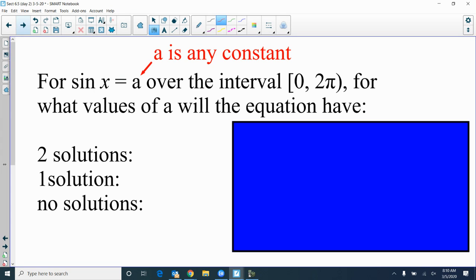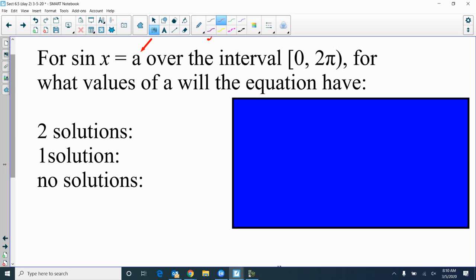Just pay attention to this part. So I want you to think. If sine of x equals 0.2, or sine of x equals negative 0.3, or if sine of x equals 0.8, how many solutions are we going to get?